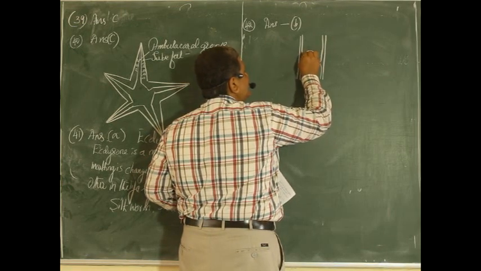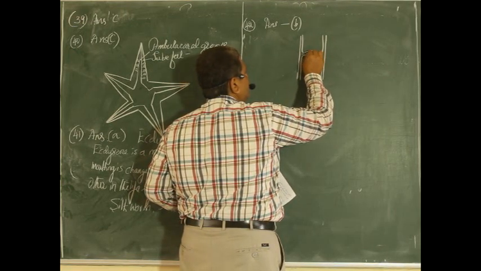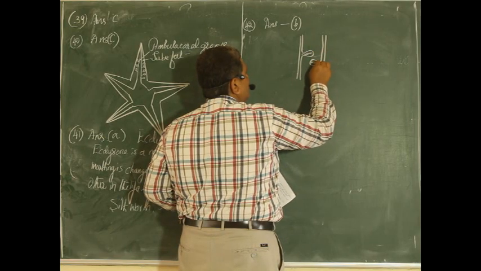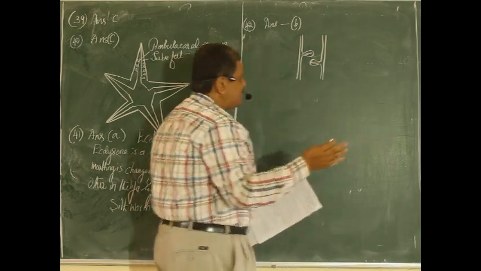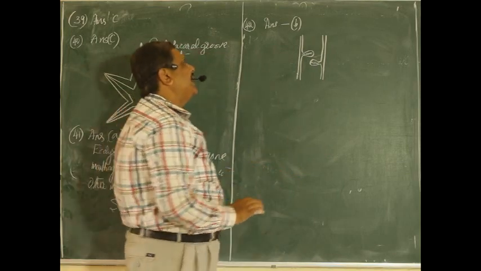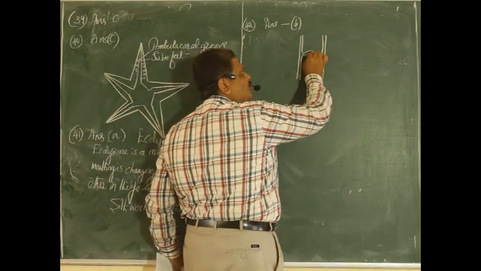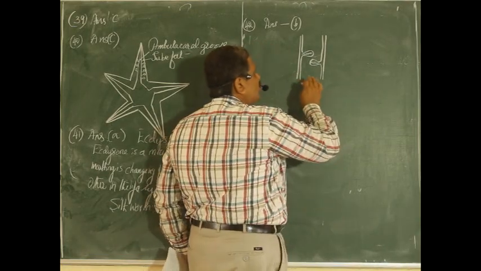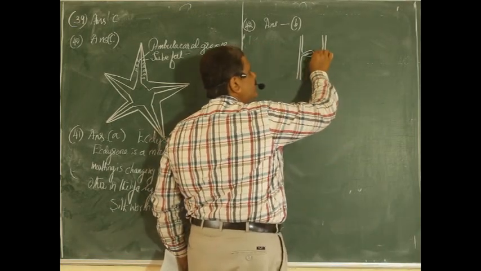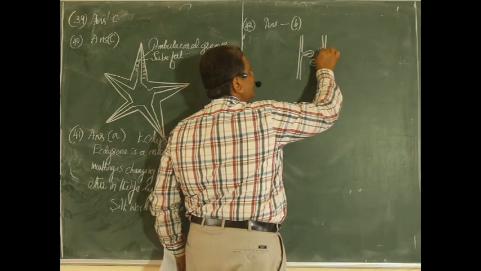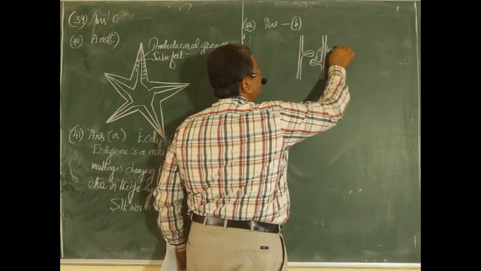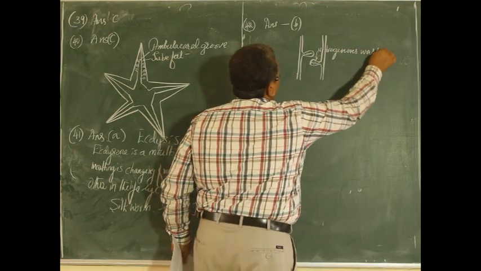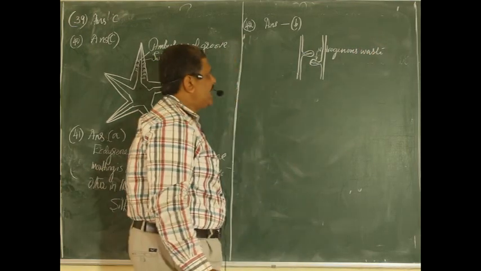Inside that, there are small hair-like structures which oscillate, moving like waves, and when you observe it under a microscope, it looks like a flame. It absorbs nitrogenous waste. Hence, it is called flame cell.